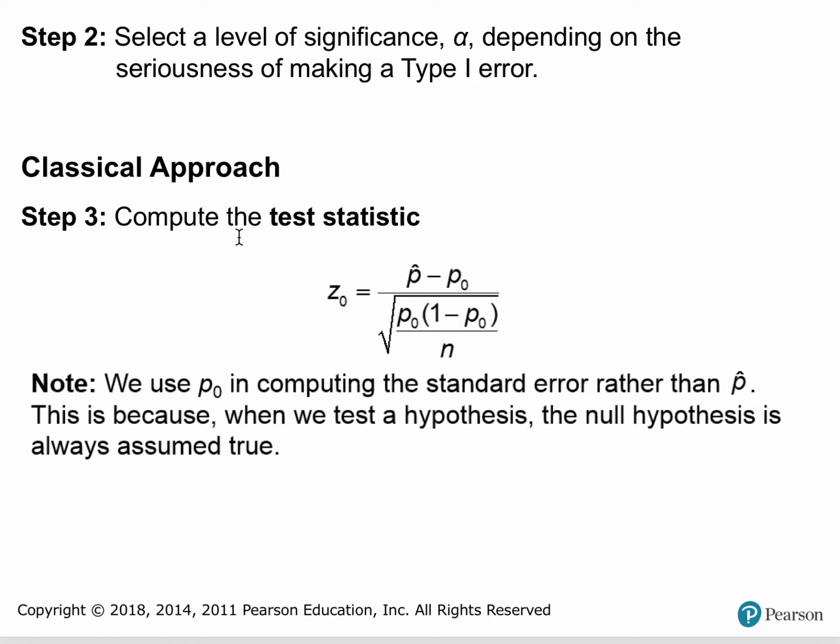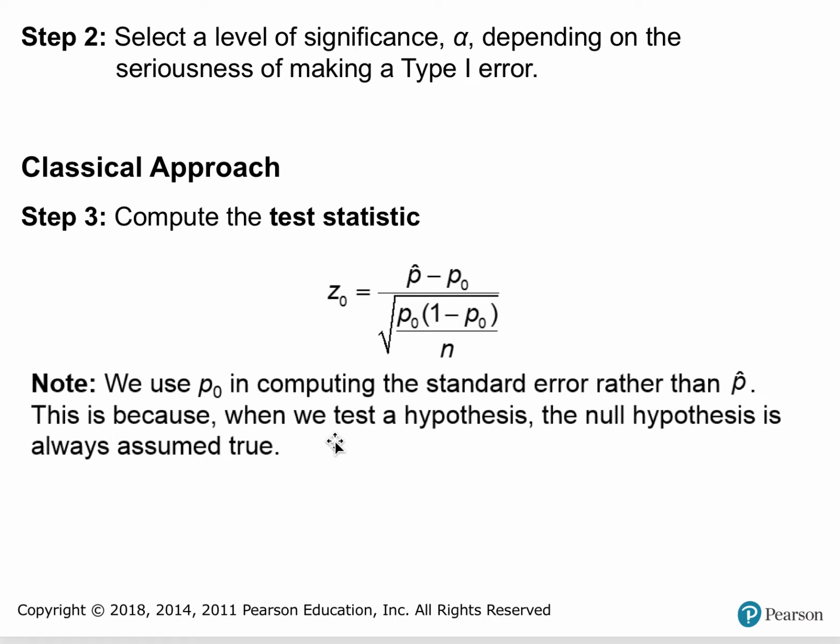Now, for the classical approach and the p-value approach, we compute the test statistic. That's our formula that we've used before. Note, we use p sub naught in computing the standard error rather than p hat. This is because when we test a hypothesis, the null hypothesis is assumed to be true.